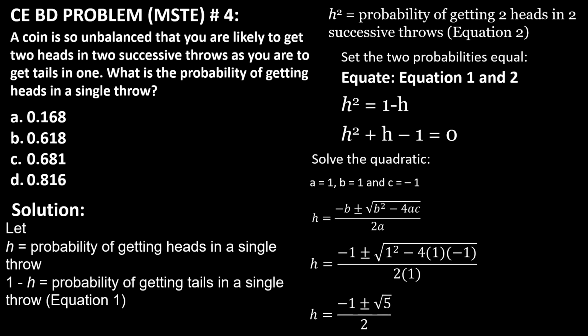Simplifying, we have h equals negative 1 plus or minus square root of 5, all over 2. In this particular situation, it is very obvious that we have two answers. But among these two answers, we are only going to choose the positive one.